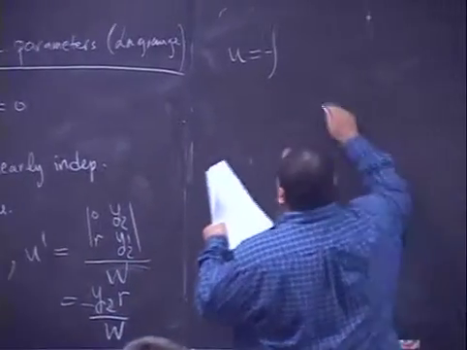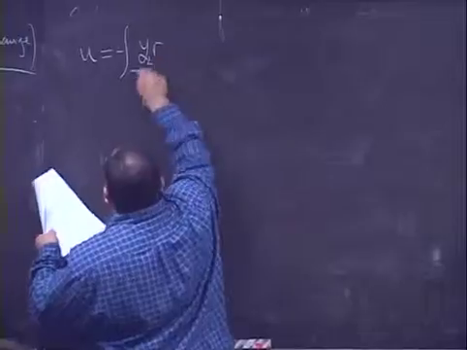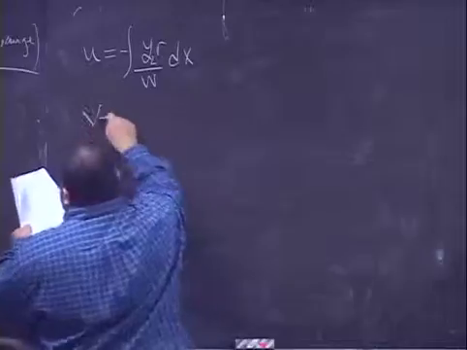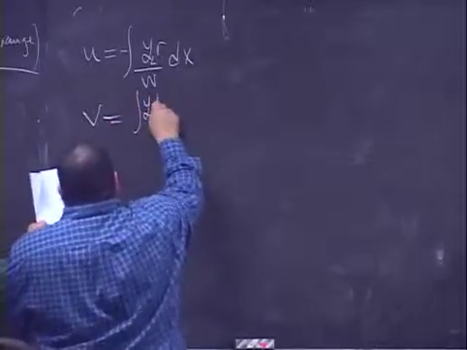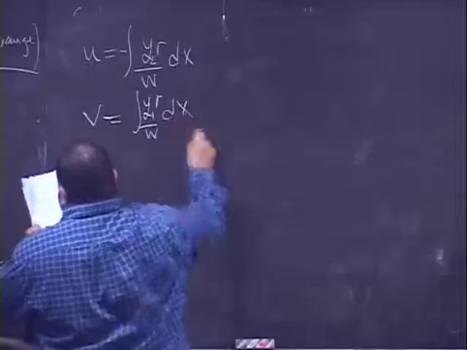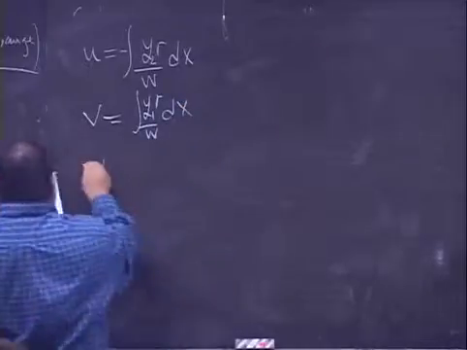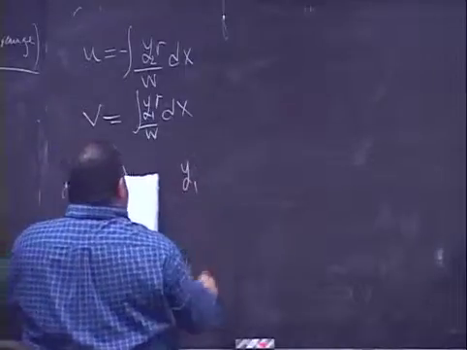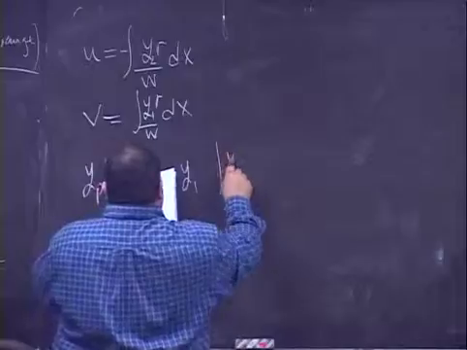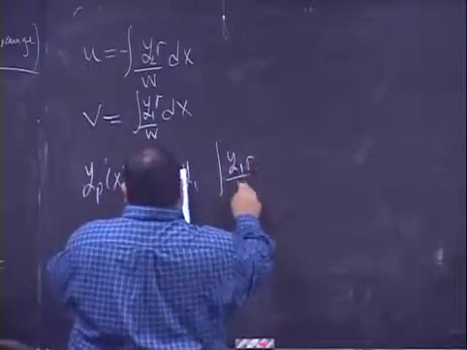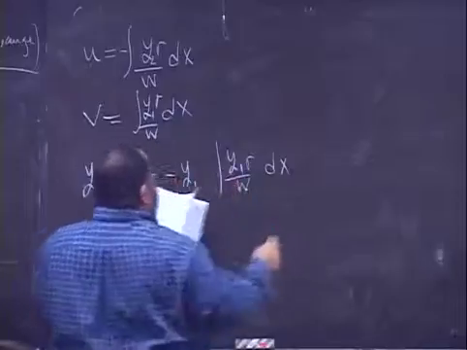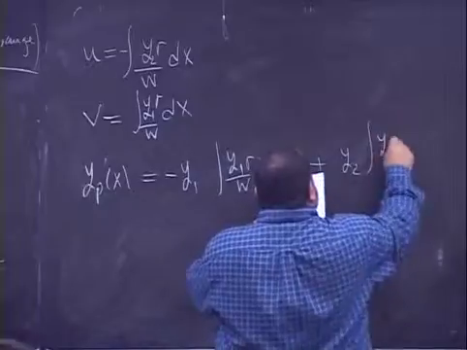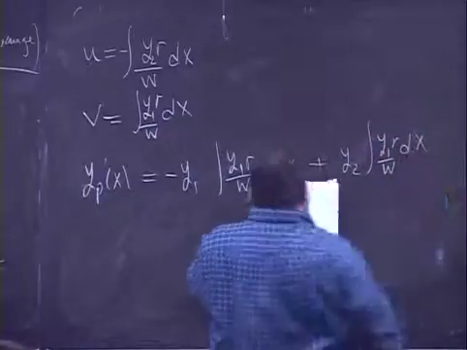So it will be negative y2 r over omega dx, and v will be y1 r over omega dx, and then you will have your y particular is just equal to y1 multiplied by u, and u is just negative y2 r over omega dx, plus y2 multiplied by y1 r over omega dx.